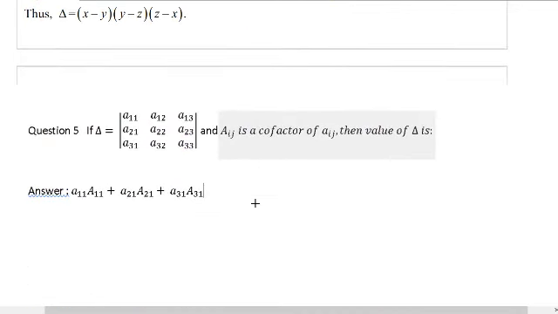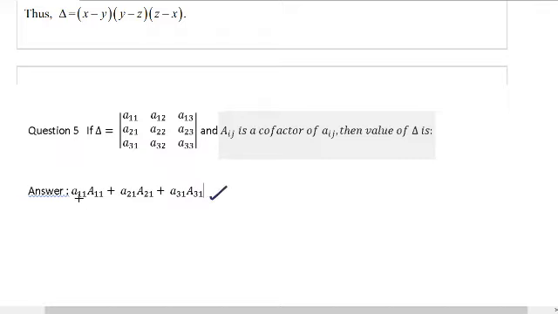Okay, let us go to the last question, and it says the determinant is this. Aij is the cofactor of element aij, then the value of the determinant is, so the last option is correct, that is a11, A11, a21, A21, a31, A31. Actually 4 options are given, out of which this is the correct answer. Why is it the correct answer?